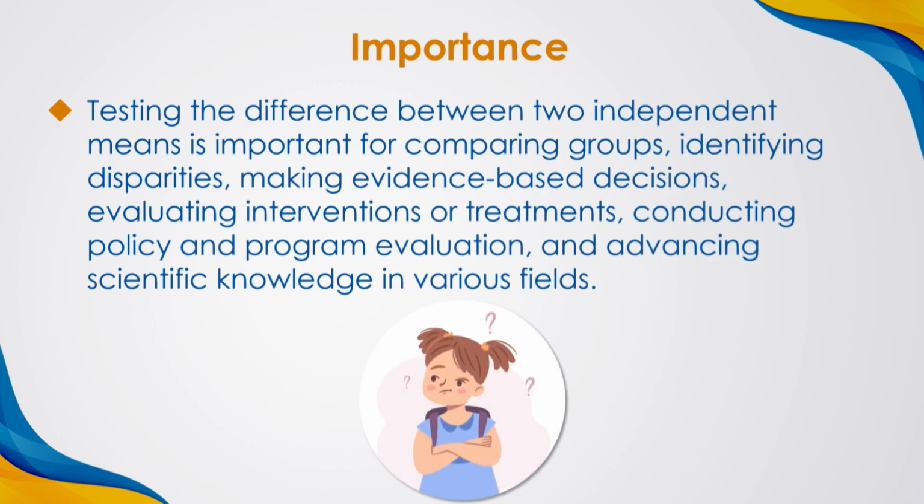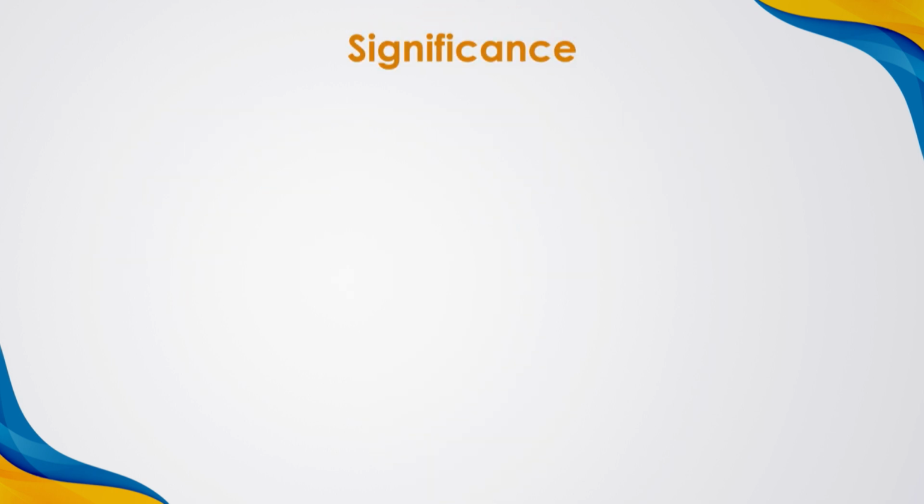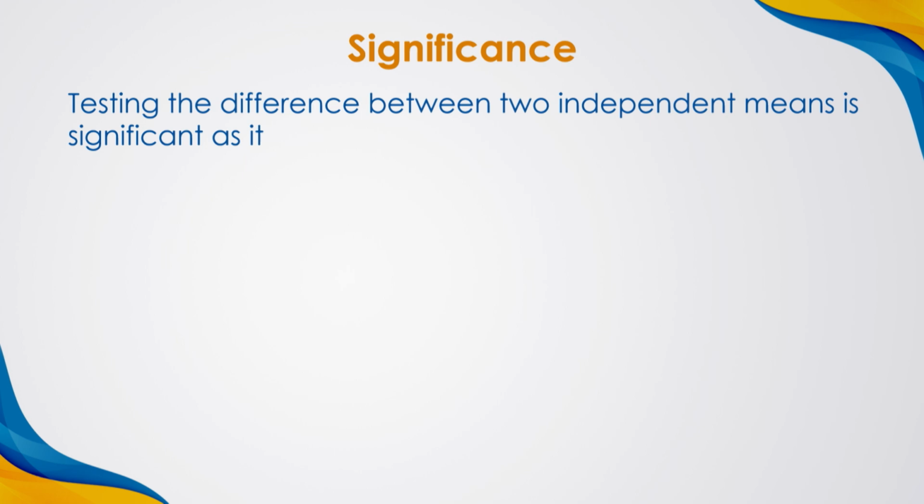Importance. Testing the difference between two independent means is important for comparing groups, identifying disparities, making evidence-based decisions, evaluating interventions or treatments, conducting policy and program evaluation, and advancing scientific knowledge in various fields. Significance of the test.